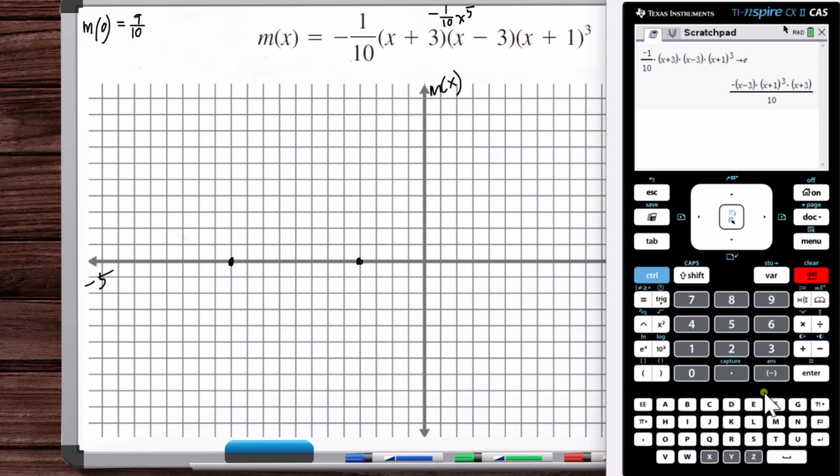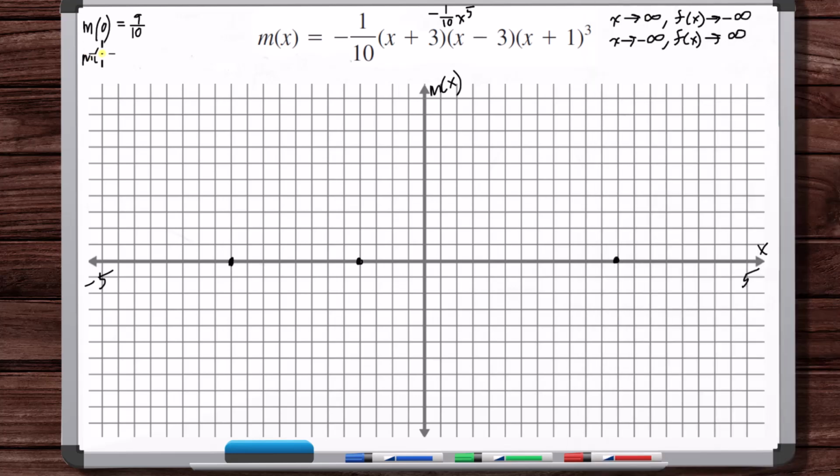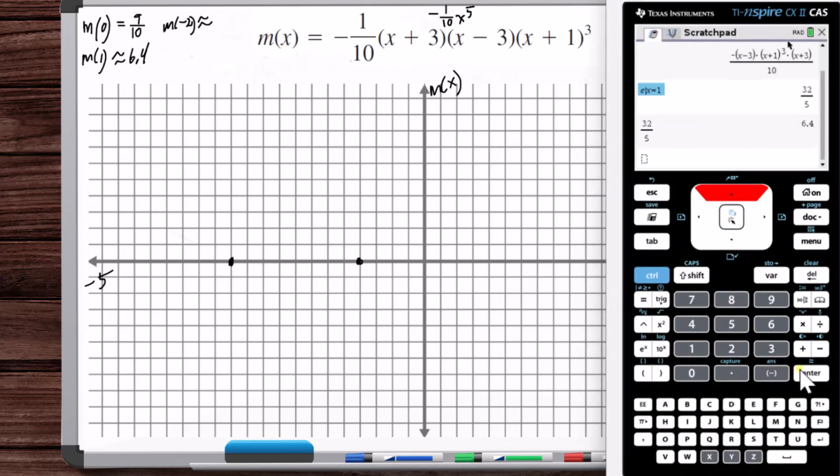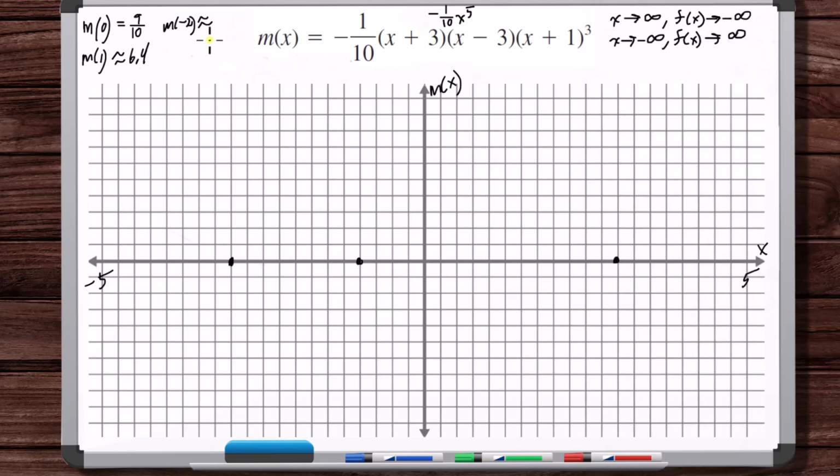So evaluate with x equal to 1, it's 32/5, 6.4. So m of 1. Okay, now what about m of -2? It's equal to -1/2.